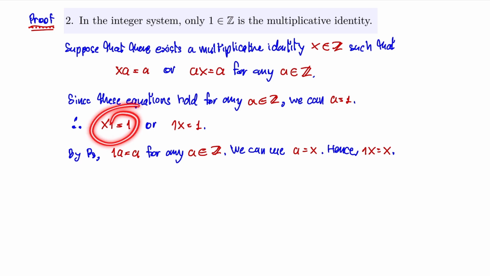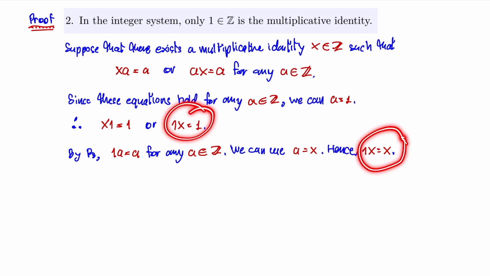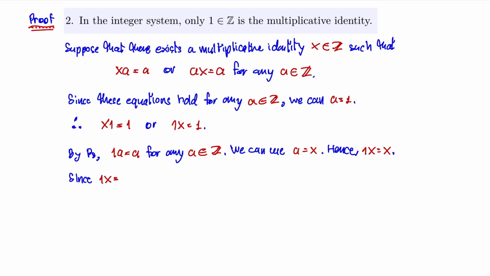Now we have this one and this one. Since 1x equals 1 and 1x equals x, x becomes 1.